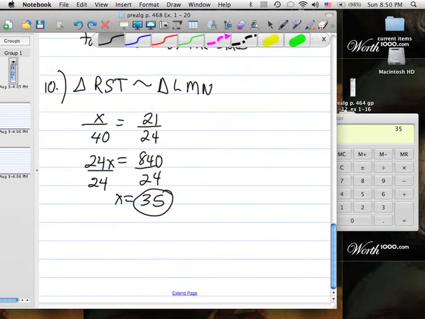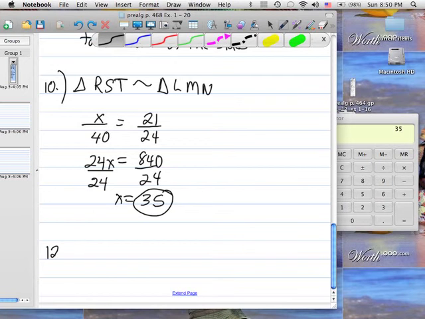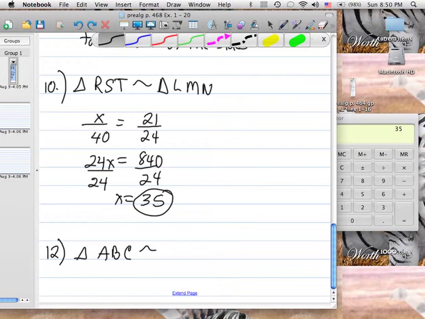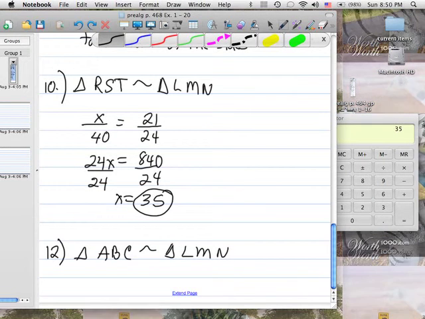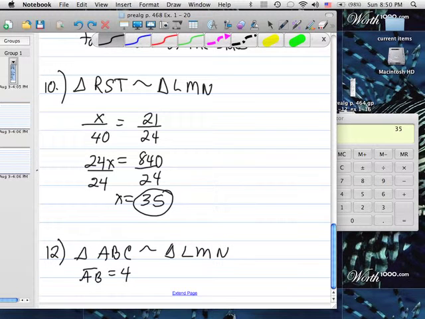And then number 12, suppose that triangle ABC is similar to triangle LMN. You know the length of line segment AB is 4. What is the perimeter of ABC?